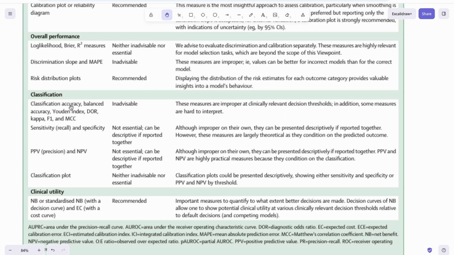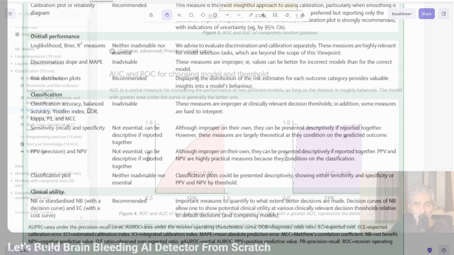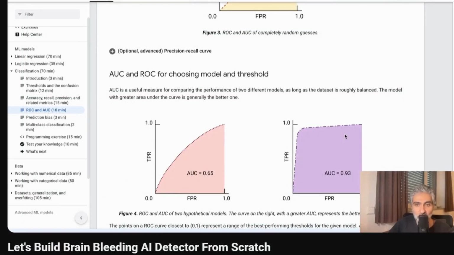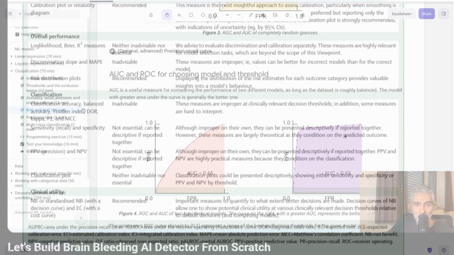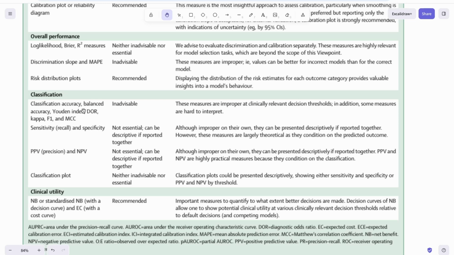I think we touched on the issue of accuracy, if you look back at the tutorial where we built a neural model from scratch to detect brain bleeds. We touched on the issue that accuracy is not very suitable to use, because in medicine you usually have imbalanced data sets. So you have very few data points where it's pathological, but most of the data is normal.